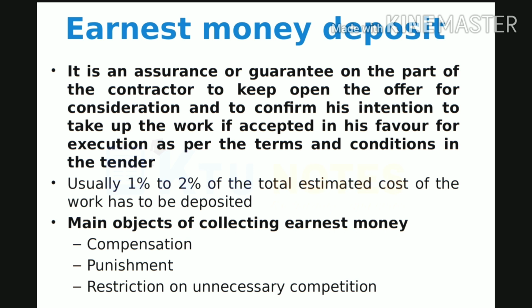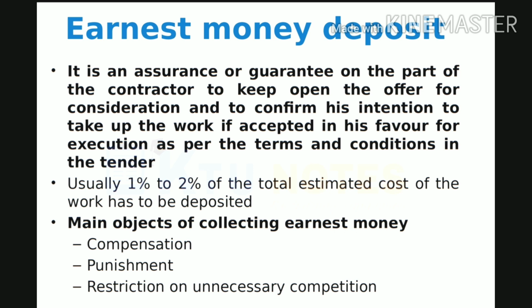Now, the NITs or the notices inviting the tenders should include the details regarding the EMD. EMD means earnest money deposit. That is, while submitting the tender, the contractor will have to deposit an amount which is about 1 to 2% of the estimated contract value of the project, or 1 to 2% of the total estimated cost of the work. This amount is called as EMD or the earnest money deposit.